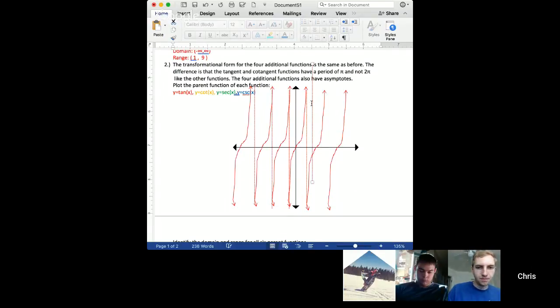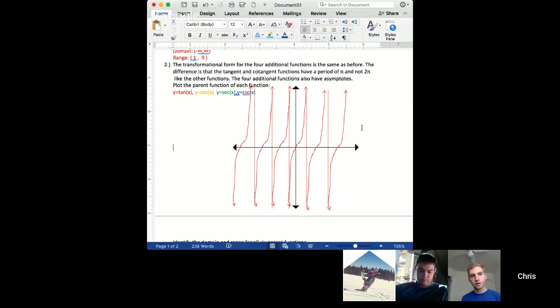Asymptote there. And asymptote there. So that, my friends, is a completed parent tangent graph. You can all verify with your graphing calculators if you like.